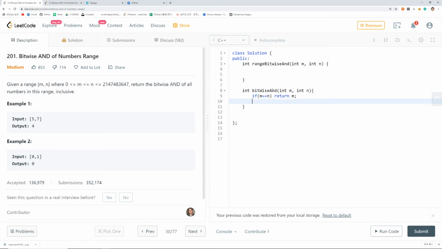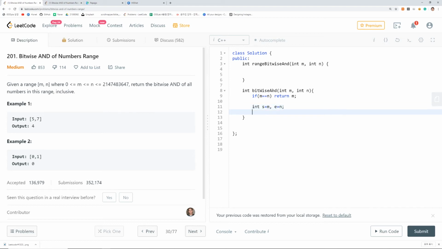So I'm gonna just use m for this case, and I need variables: start, which is m, and end range, which is n.